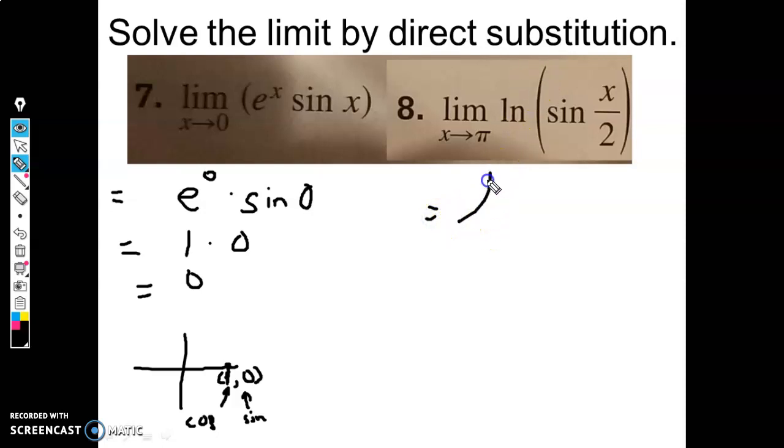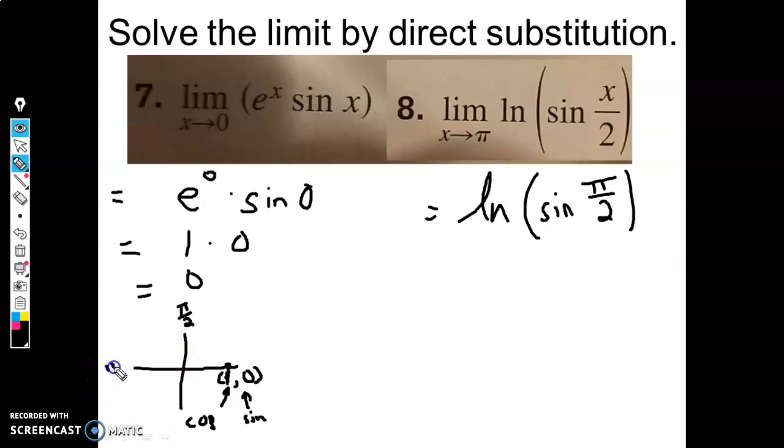All right, so natural log, we got an ln here. Fancy ln there. All right, sine, so you've got the sine function. You're substituting pi over 2 in place of x. So let's think back to good old unit circle here. Where's pi over 2 at? Hopefully you remember pi over 2 is 90 degrees.